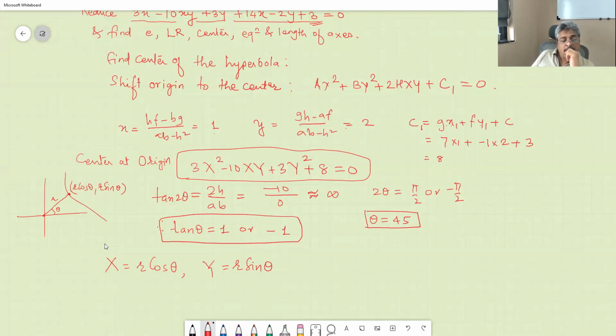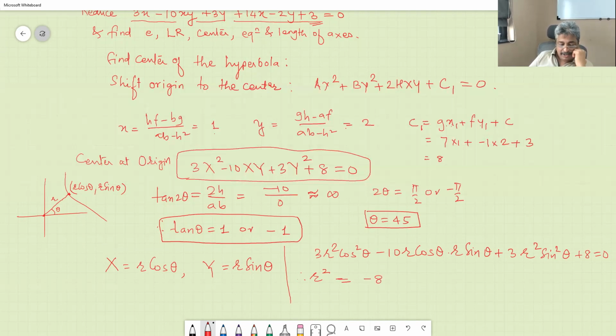So r cos theta, r sin theta, if I substitute in this equation, I will do it for you. 3r square cos square theta minus 10 r cos theta into r sin theta plus 3 r square sin square theta plus 8 is equal to 0.